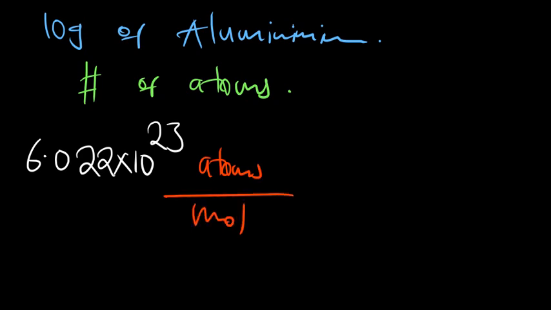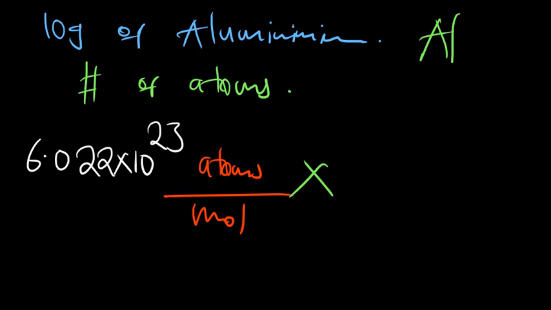You and I know that aluminium doesn't exist atomically, it's just Al, so it's just an atom. So there's nothing to multiply by. All we have to do is find the number of moles of aluminium.